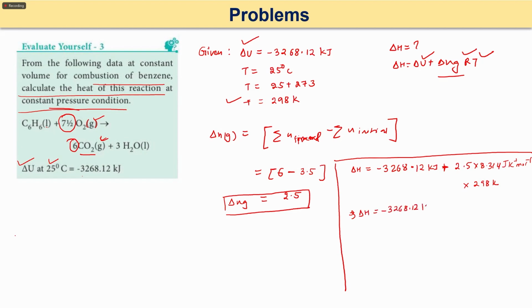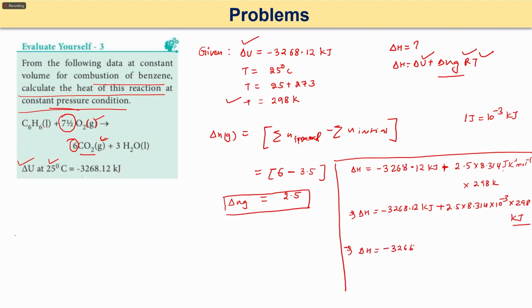3258.12 kilojoule. In order to add these values, we will also have to convert this joule into kilojoule. So for that we will multiply it by 10 to the power minus 3. So it will become 2.5 into 8.314 into 10 to the power minus 3 into 298, and this whole value will be in kilojoule. Let us solve this.